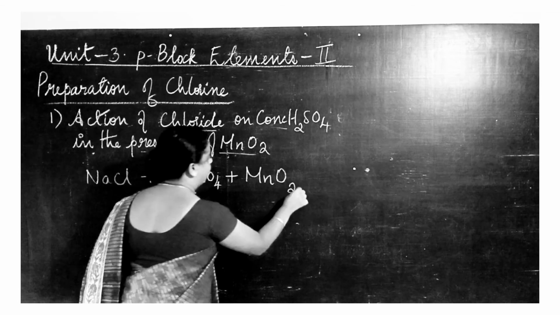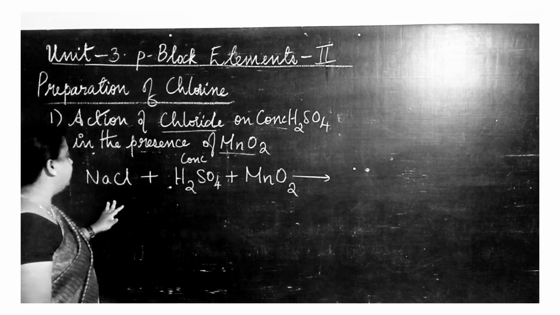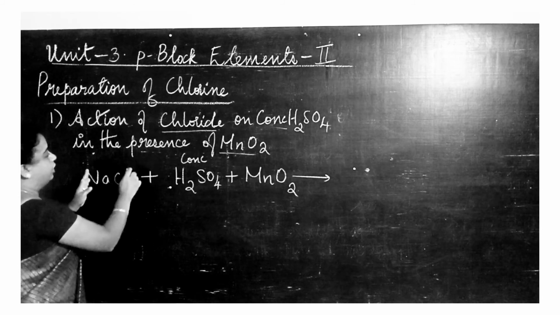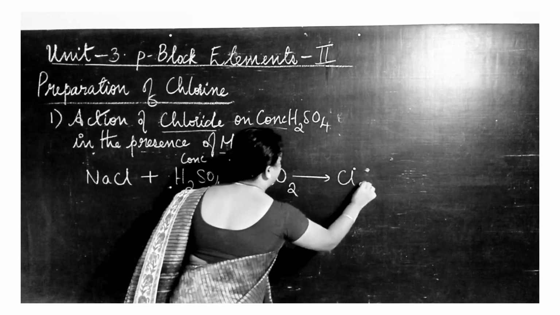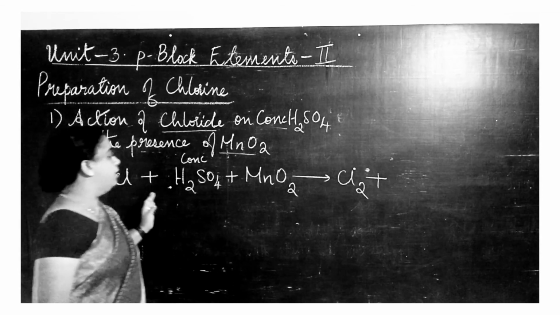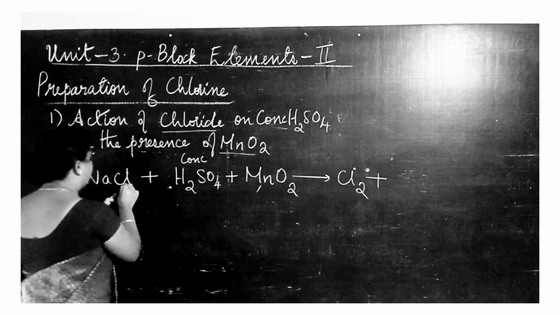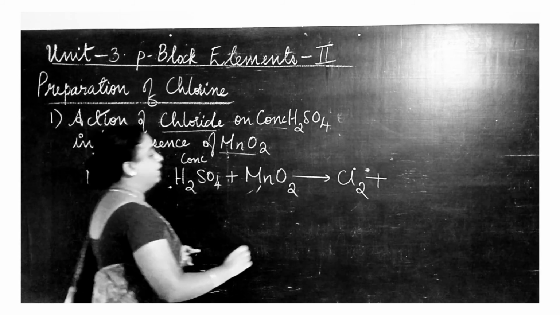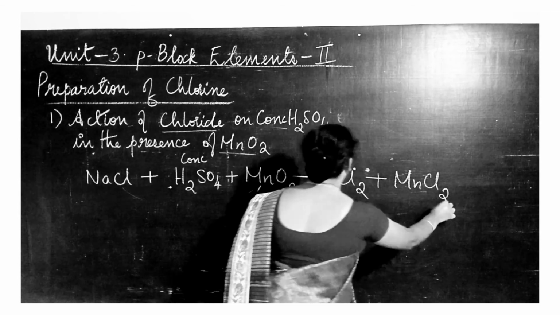to give the product. The product will always be chlorine, which I write as Cl2. Along with chlorine Cl2, we also get other products. Manganese and chlorine combine to form manganese chloride, MnCl2.